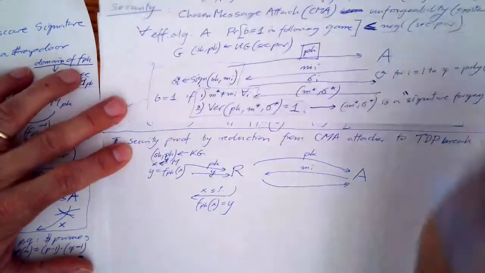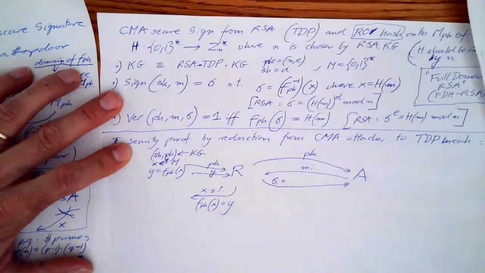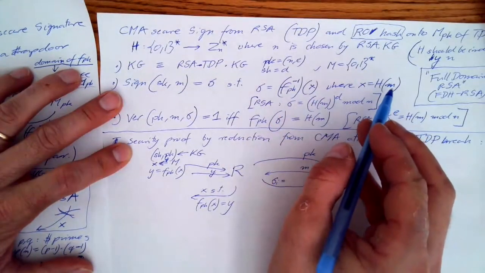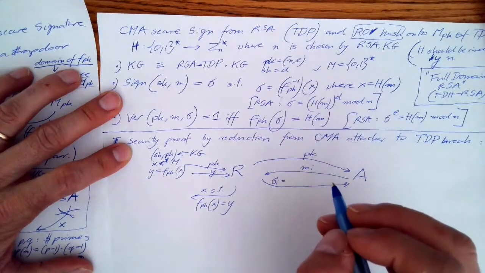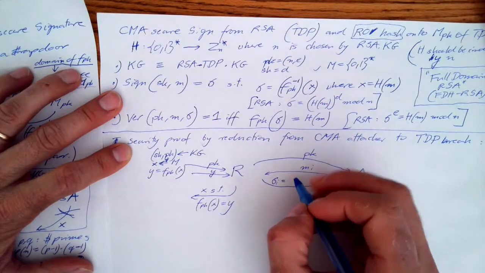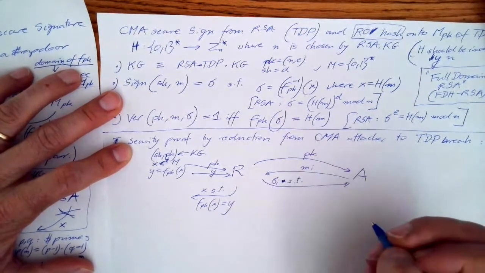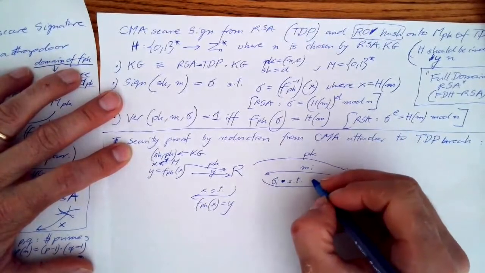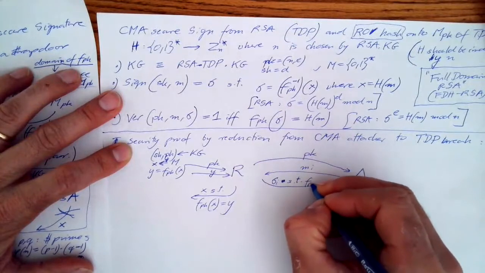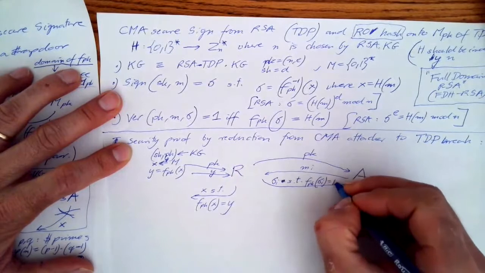But what's a signature? Well, a signature is an inversion at a random point. So we somehow have to create a signature such that if you apply the function forward, F_PK applied to sigma_i is the same as hash of m_i.